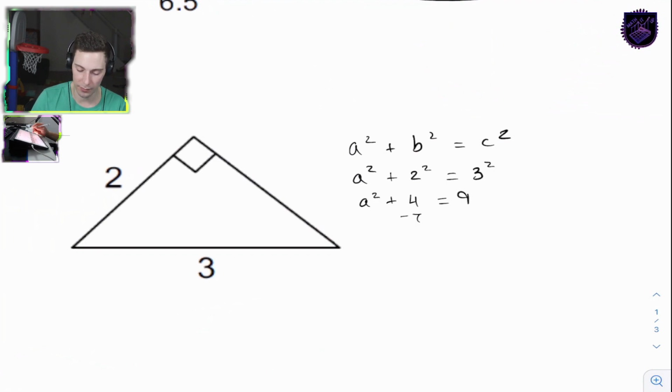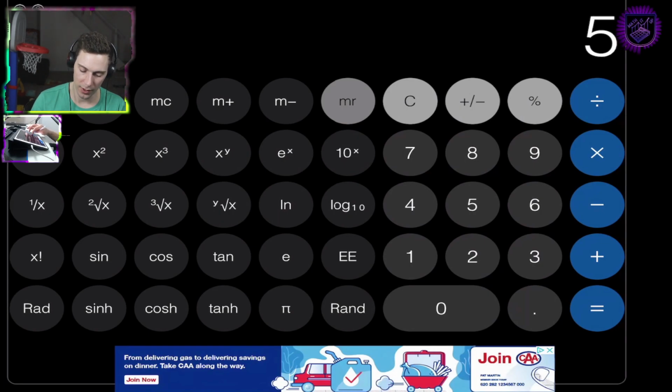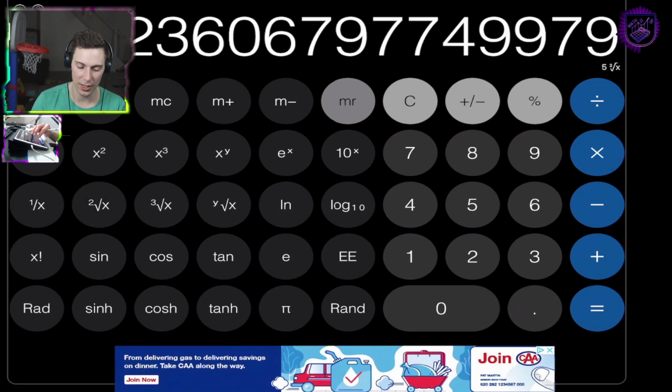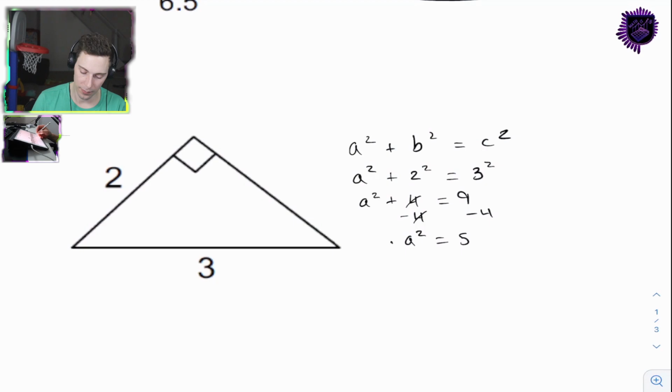We can subtract not 7, but 4 from both sides, and that leaves us with A squared is equal to 5. And what is the square root of 5? 2.5? The square root of 5 is 2.236, so 2.2. We're going to round this to 2.2. A is equal to 2.2.